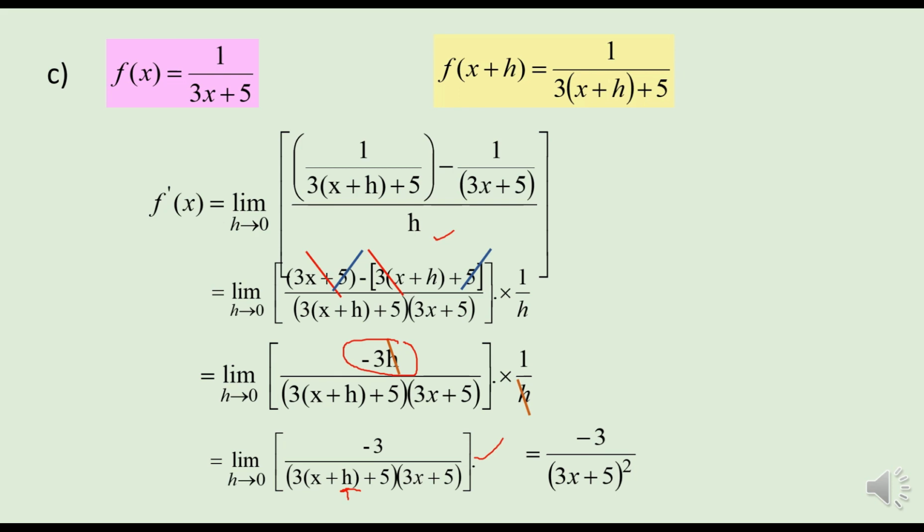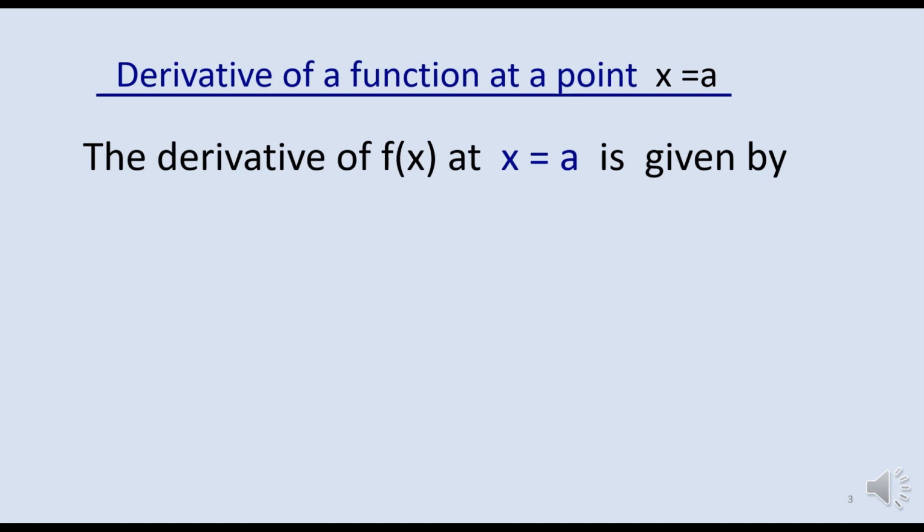Okay, now I will continue for the next subtopic. That is the derivative of a function at a point x equals a. So we want to find out what is the derivative of a function when you are given a point, for example, x equals a.